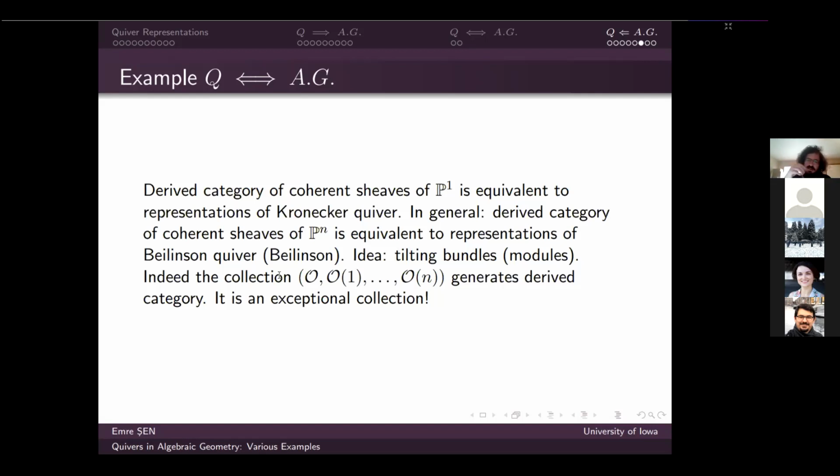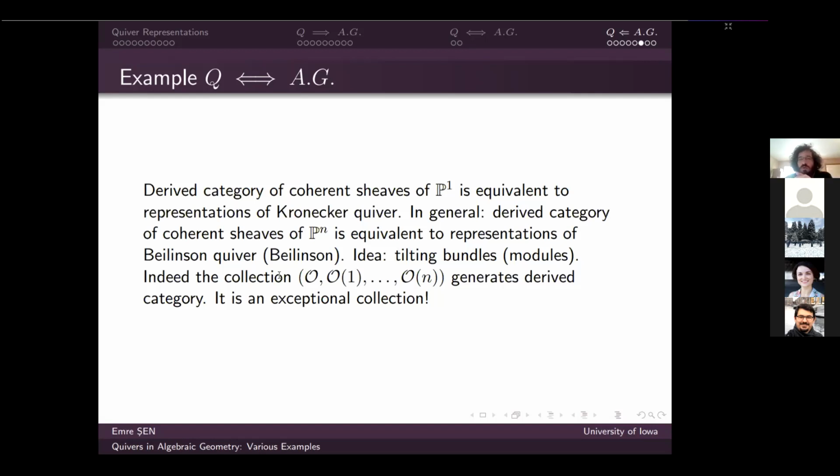And one can use the tilting bundle. One can define that thing, and so this is another example of how we have two sides of one thing, right? Geometry side, it is the coherent sheaf, right? On the quiver side, it is just a particular representation.